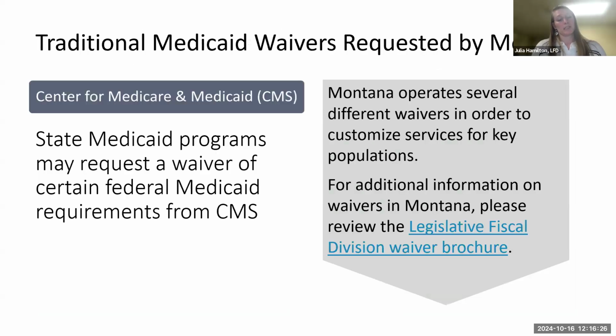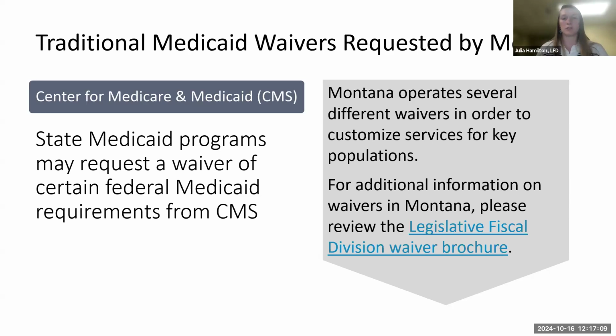The Medicaid programs among states also vary based on waivers, and we're not going to go super deep into this. We do have a brochure on that library that I showed before, but we have the ability as a state to apply for certain waivers to waive federal Medicaid requirements from CMS. And Montana has several different waivers, and that customizes the program to different populations. So some of the federal requirements that we talk about when we're looking at waivers include comparability of services. So the same amount, duration, and scope of services need to be provided to every enrollee.